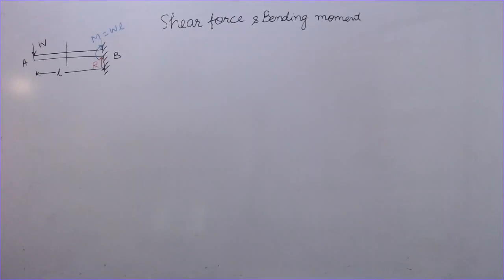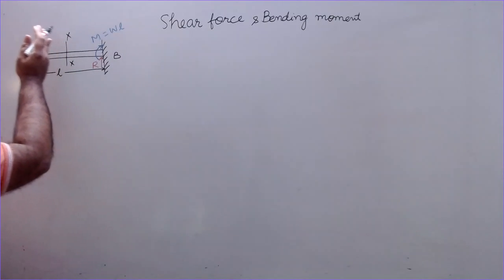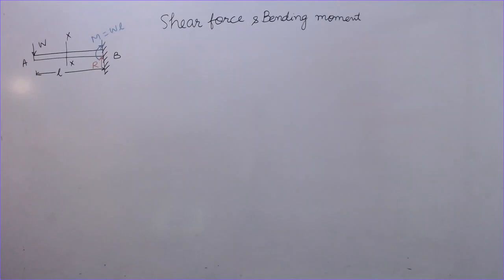Take a section, and this cross section shows that the force acting on the left side is W. Take a section in such a way that there is a load on the left side of it. If there were more than one force, W here, W1 here, then I would have taken the section between these two, so that there is a force on the left side and the rest on the right side.